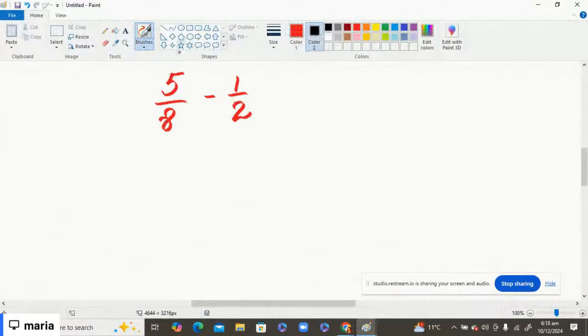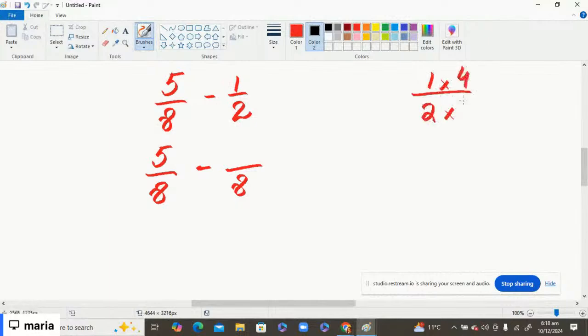As we know, putting 5 by 8 here, putting 8 here, this 1 by 2 has to become equal to this 8. So 2 times which number is 8? 2 times 4 is 8. Okay, so 1 by 2 is multiplied and divided with 4, because 4 times 2 is 8.